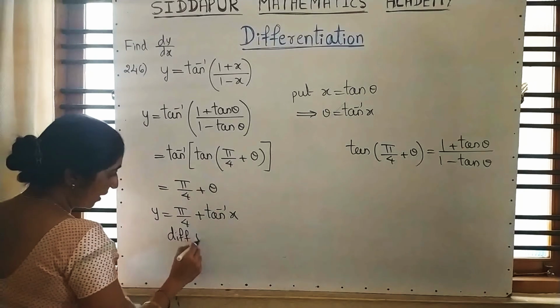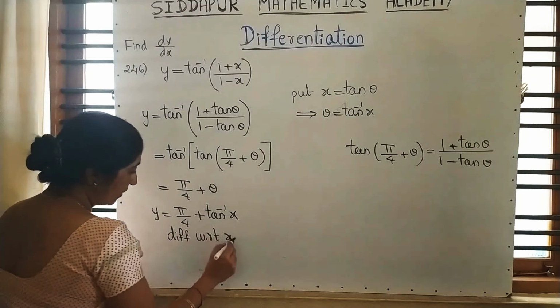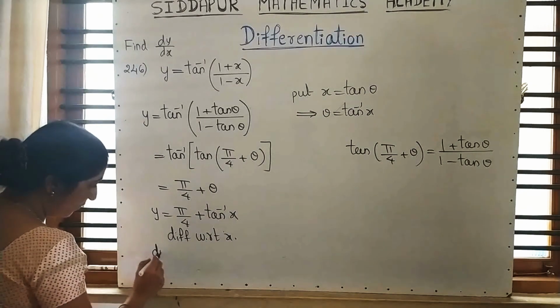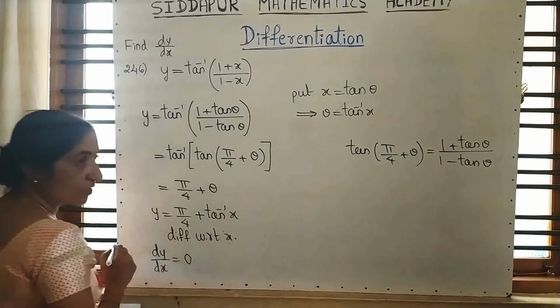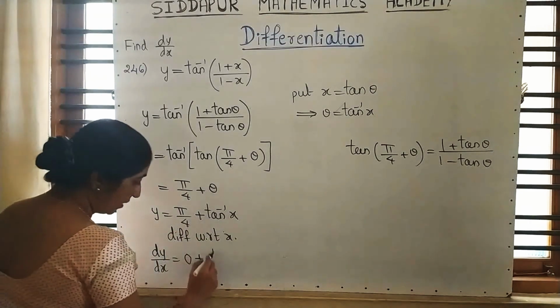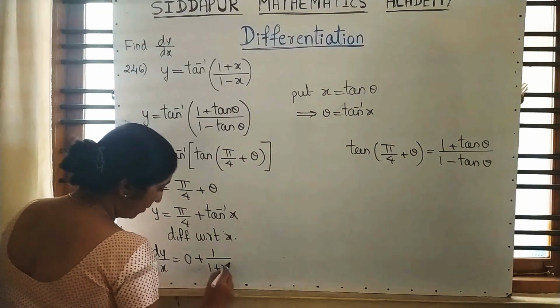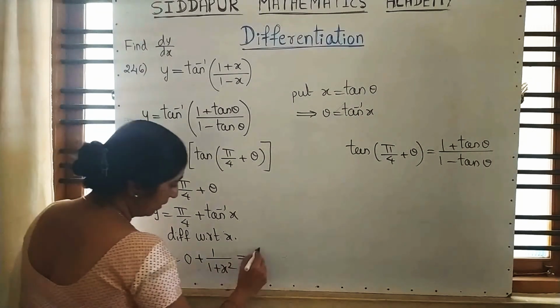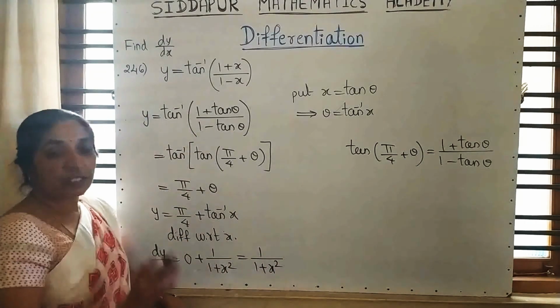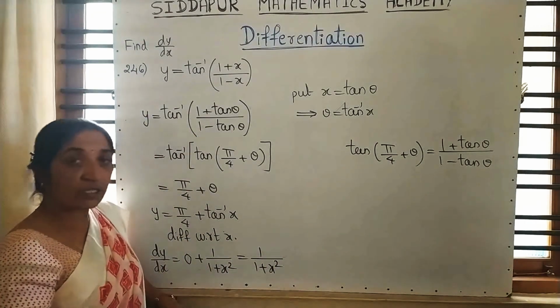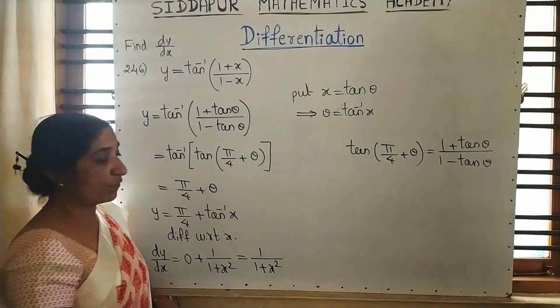Now differentiating with respect to x. dy upon dx is equal to pi by 4 constant, 0. Differentiation of tan inverse x is 1 upon 1 plus x square. Finally we got 1 upon 1 plus x square. See, it is very interesting. Only thing, you should be familiar with the first year formula.